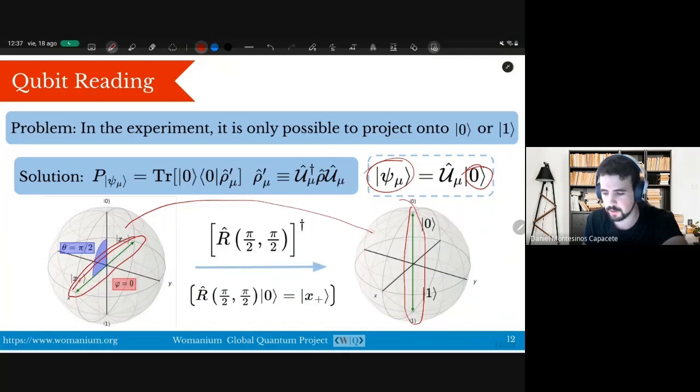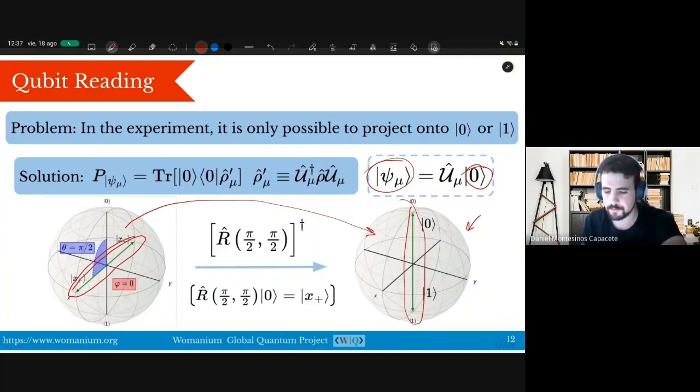This is what I'm doing here, converting the x plus and x minus basis into the 0 and 1 basis, and this basis is the one that I can measure in my experiment.